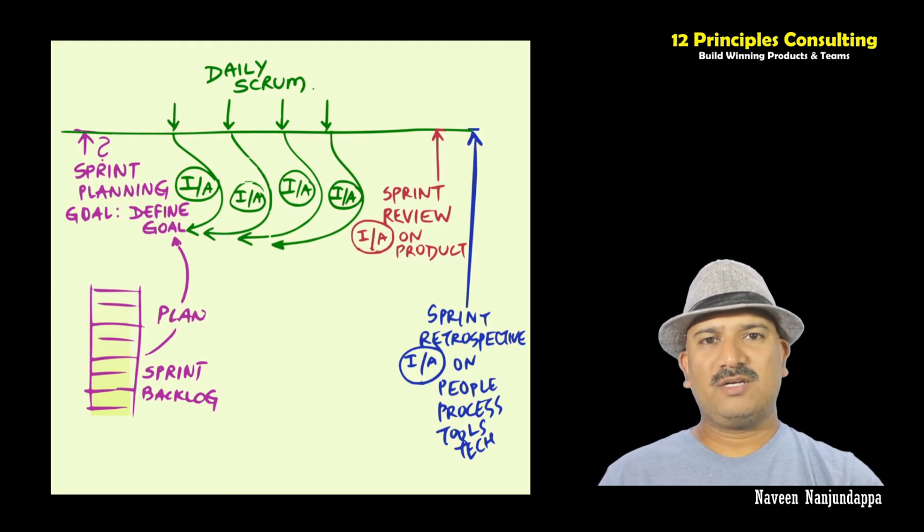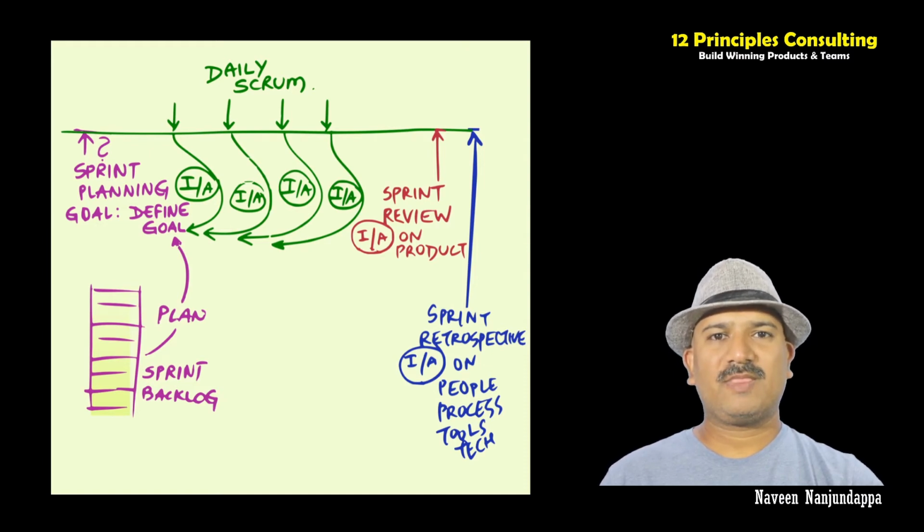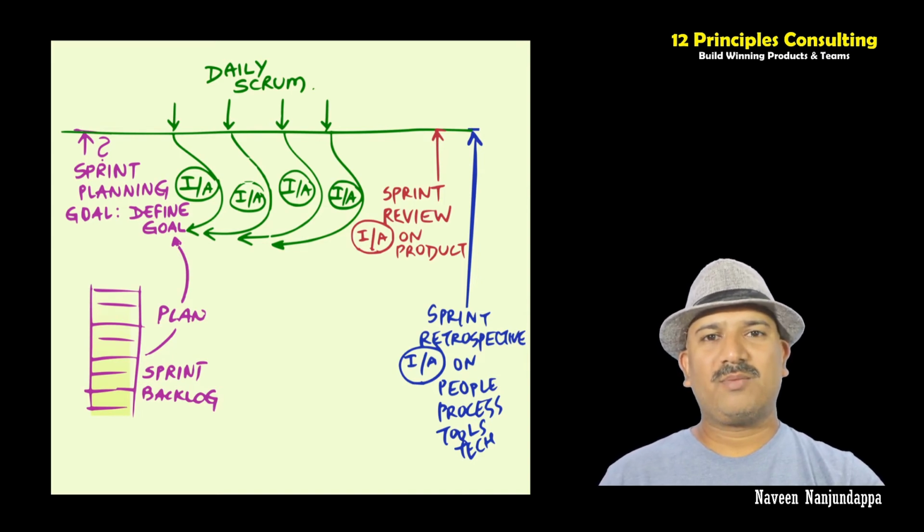This sprint is basically a cycle of inspect and adapt. During this process of inspecting and adapting and getting prepared for the sprint planning meeting, the teams take out some amount of time during the current sprint and perform the product backlog refinement, product backlog management.